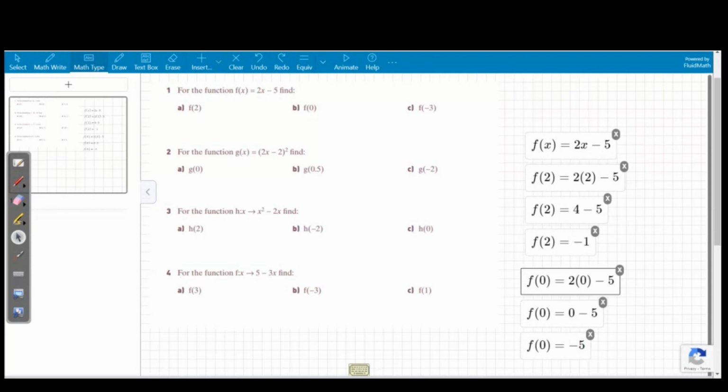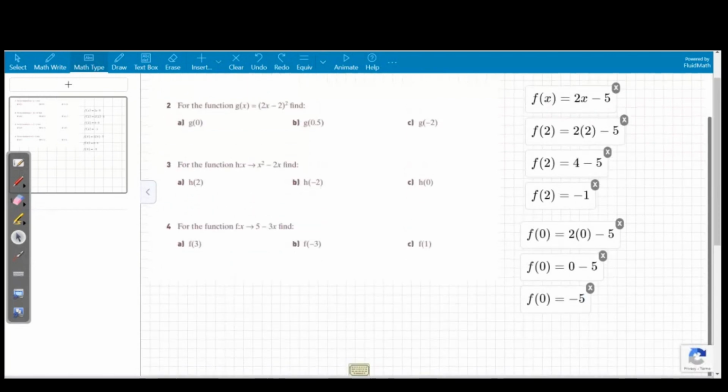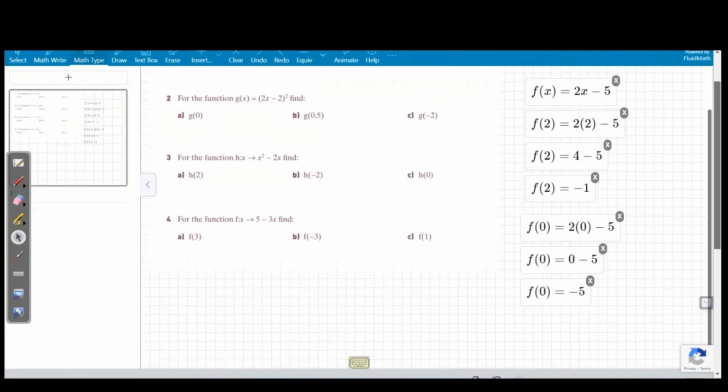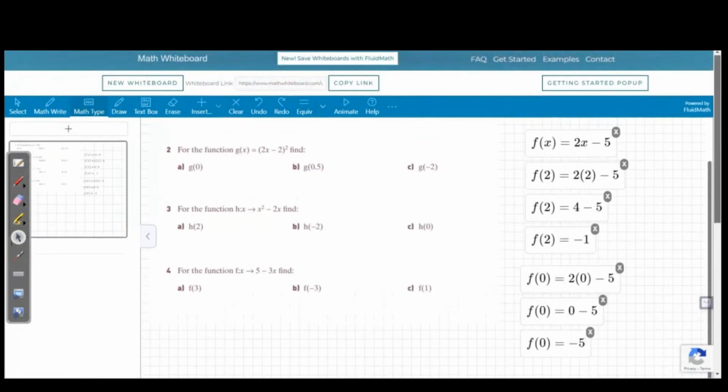Okay, I want to go on again to look at part C, which says that we should find f of negative 3. So basically what we are doing here is plugging in the figures, and whilst we plug in the figures, it makes our work so simple. So let me come back to the second one.